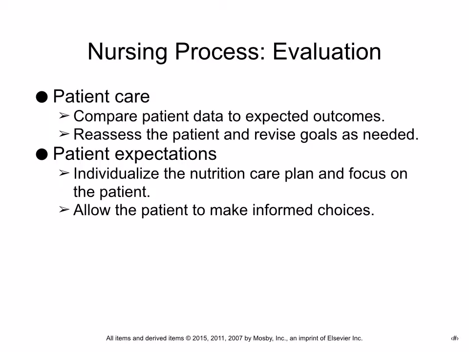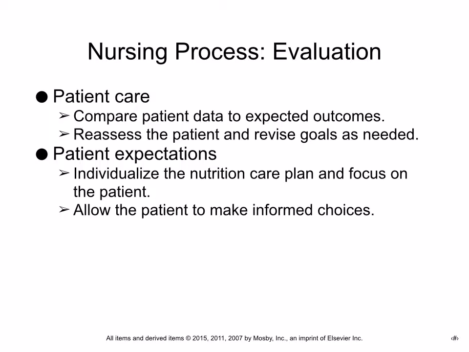Now, evaluation. An ongoing evaluation measures the value of our activities in meeting a patient's nutritional needs. You need to allow enough time to test a nursing approach, because nutritional improvement takes time. Evaluation of clinical progress will include objective data such as weight gain or improved lab parameters, or subjective data such as the patient saying that they like to eat certain foods now as compared to earlier.